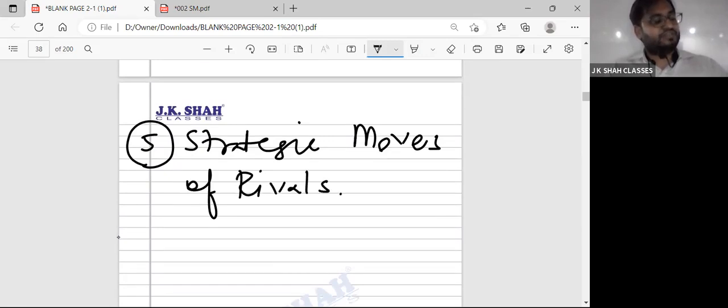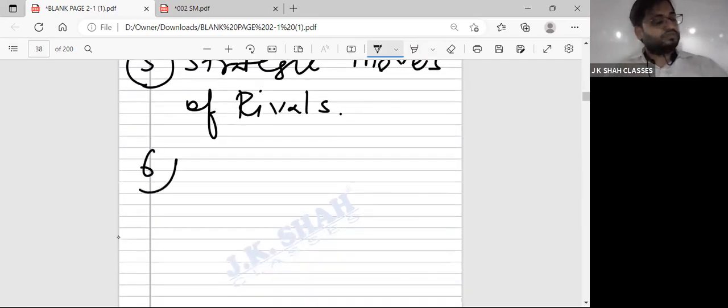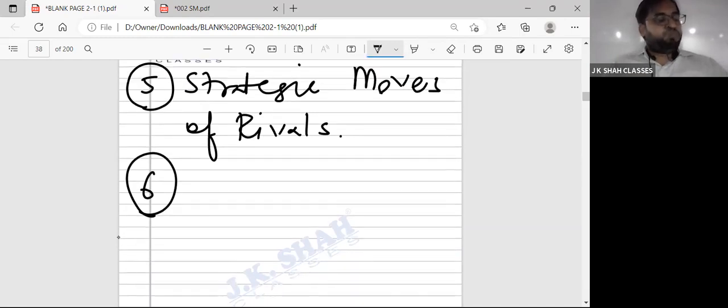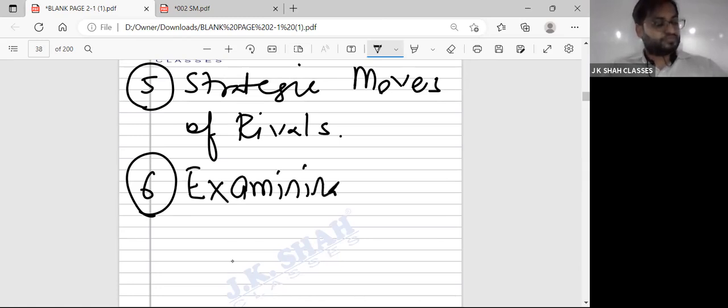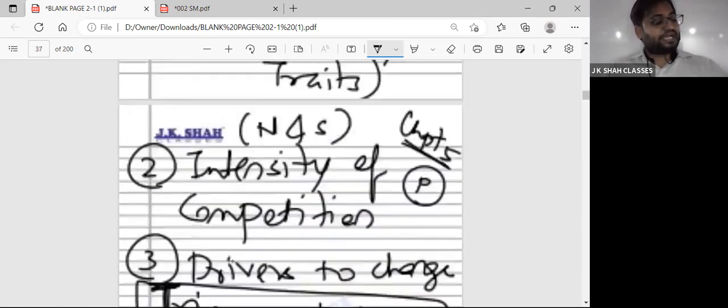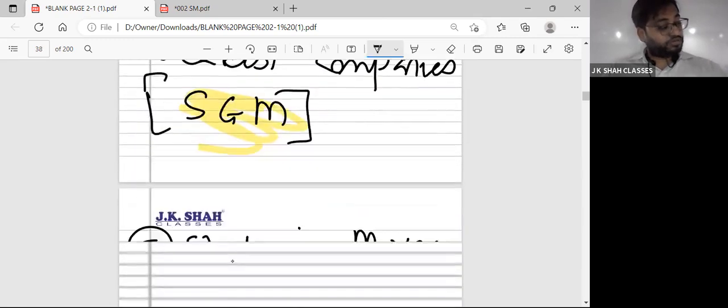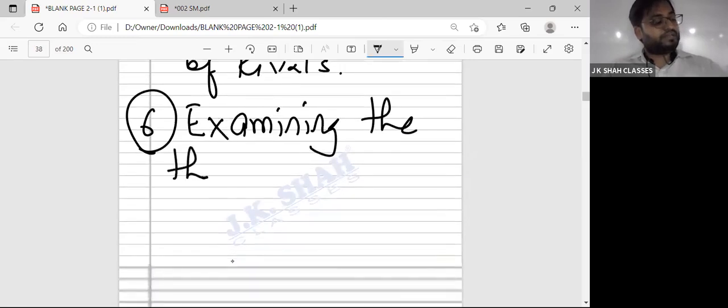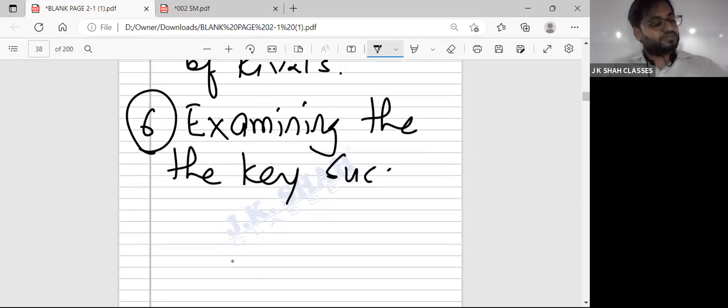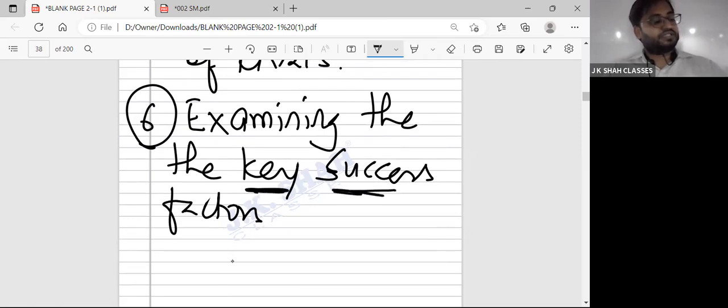Then, examining the key success factors.